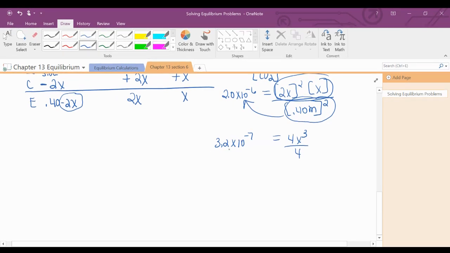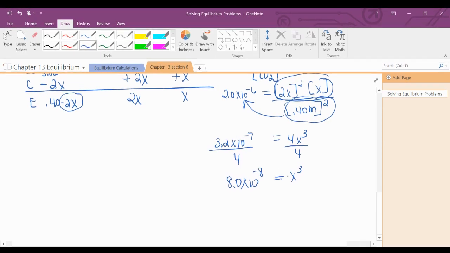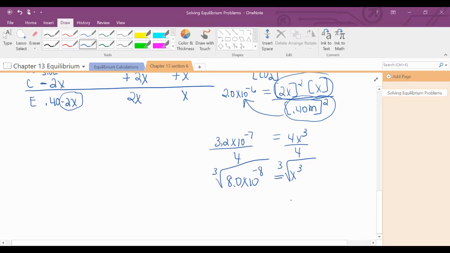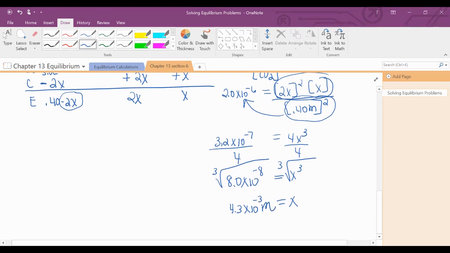We're going to get x cubed by itself, and then take the cube root of both sides. When I do that, x is going to be equal to 4.3 times 10 to the negative 3rd. This would be concentration, so it's going to be molar.